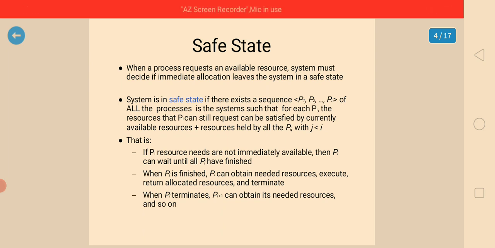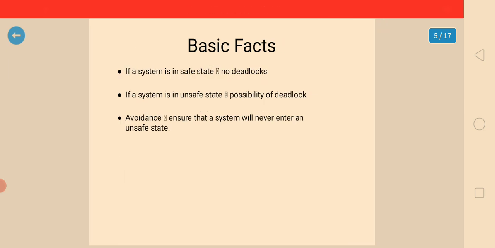When Pj is finished, Pi can obtain the needed resources, execute, return the allocated resources and terminate. When Pi terminates, Pi plus 1 can obtain its needed resources, and so on. So these are the conditions we need to follow.